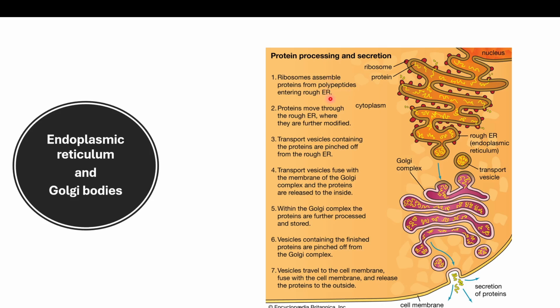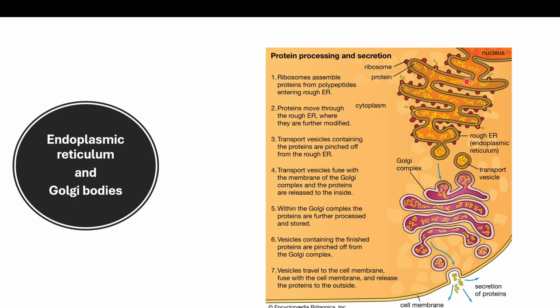The endoplasmic reticulum can be rough or smooth: RER, rough endoplasmic reticulum, or SER, smooth endoplasmic reticulum, depending on whether ribosomes are attached to the ER. If ribosomes are attached to the ER, then it is rough endoplasmic reticulum. If ribosomes are not attached, then it is smooth endoplasmic reticulum. So ribosomes assemble proteins from polypeptides entering the rough ER.